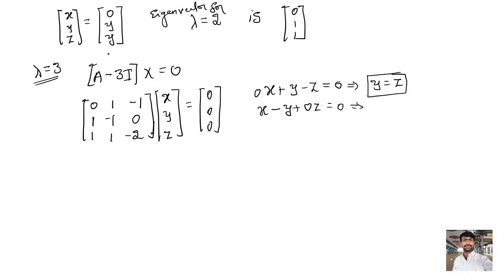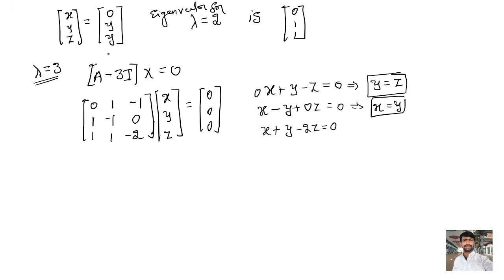Now this implies x equal to y. And no need to go for the third equation. Why? Because here only two rows are independent. The other row is dependent. The other one says x plus y minus 2z equal to 0.